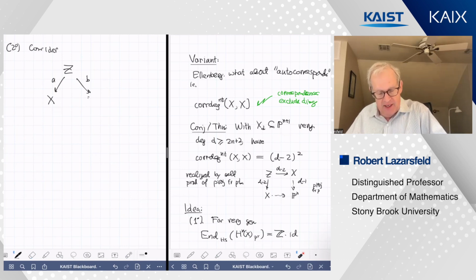Let's pick a very general point Y. I'm sorry, Y is in X. So we're looking at a correspondence from X to itself, and let's pick a general point here and look at its preimage. Let's say that B inverse of Y is a set of points X1 through X delta, so delta will be the degree of A.